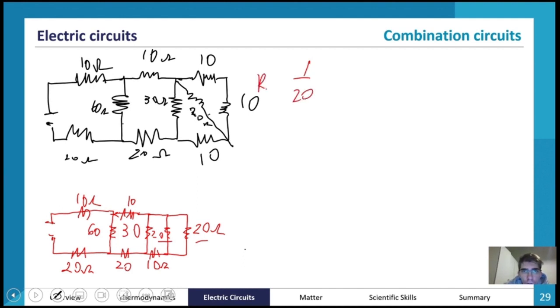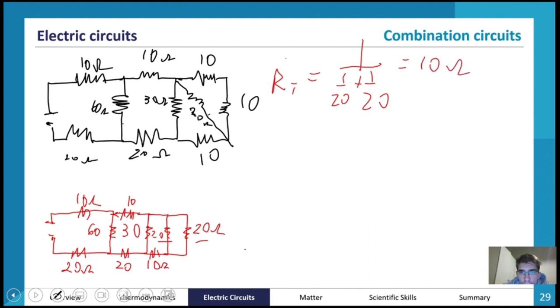So the total resistance would actually be 1 on 20 plus 1 on 20. That would be 10 ohms, right? So you can replace these two with a 10 ohm.